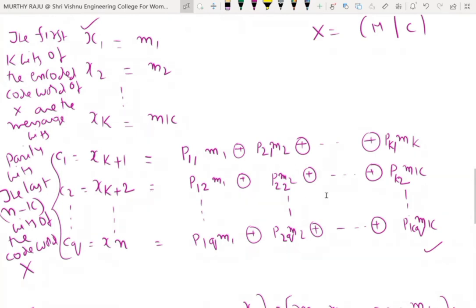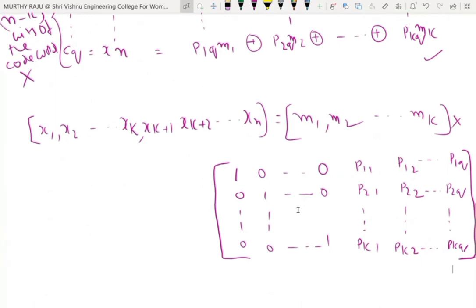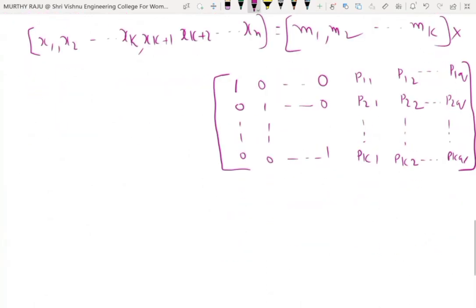Convert these equations into matrix form. Okay, next. This one is the identity matrix, IK, and the parity submatrix, which is K cross Q. The above one is represented like that.